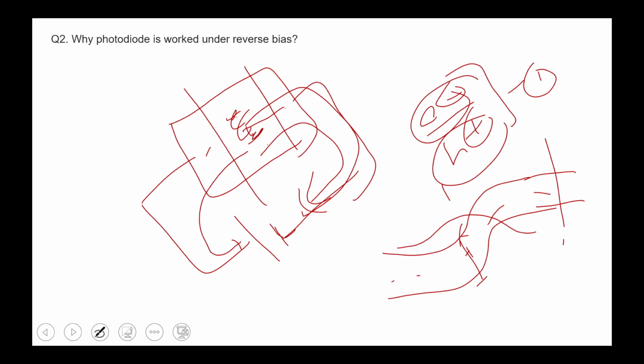What is the dark current? Can anyone explain the dark current? What is the significance of the dark current in the photodetector? When photon light is not applied on the depletion layer, the current generated is basically the dark current. What is its significance?